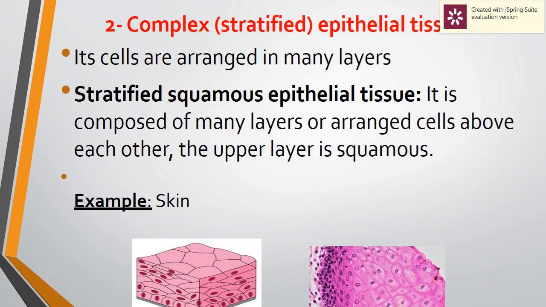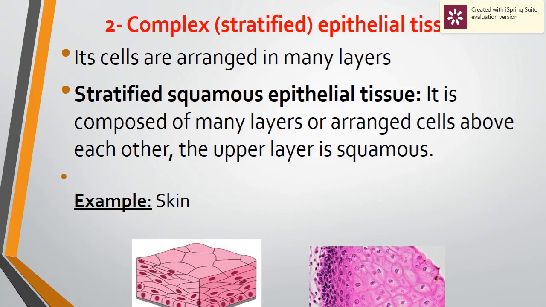The surface layer is squamous epithelial tissue, and it is mainly found in the epidermis of the skin. Our skin, the epidermis or upper part of the skin, is mainly formed of stratified squamous tissue.